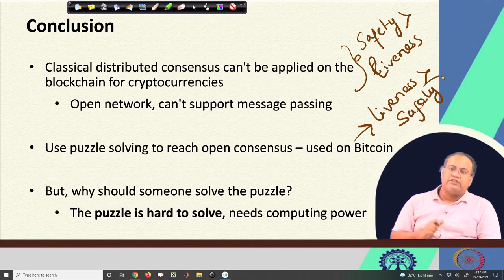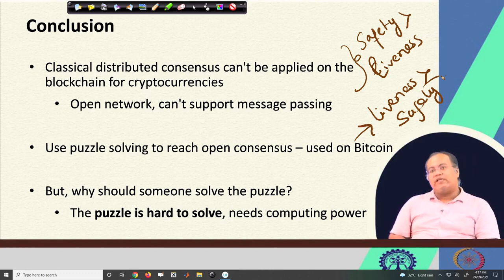But an important question that remains is why should someone solve this puzzle? Why should someone be interested in solving the puzzle? Because you remember that the puzzle given by the network is a kind of hard puzzle.